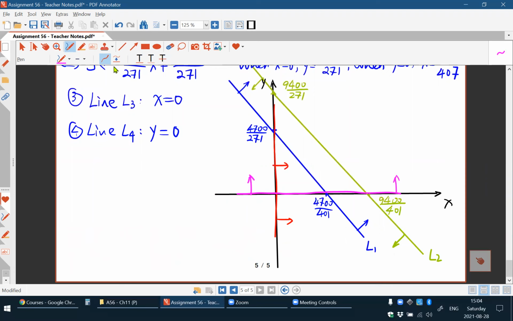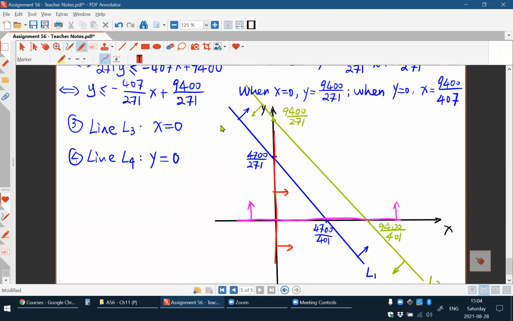Okay, so now can you see what is the bounded region? We can draw from here, right? The bounded region should be to the right of the red line and under the blue line, under the green line here, and above the pink line here, and above the blue line here.